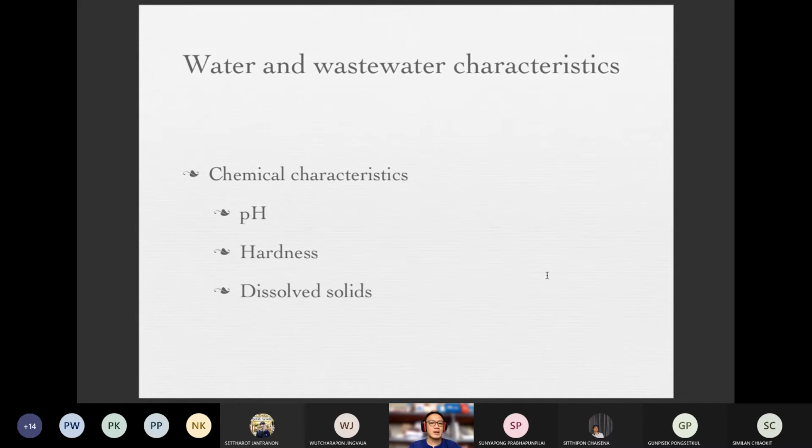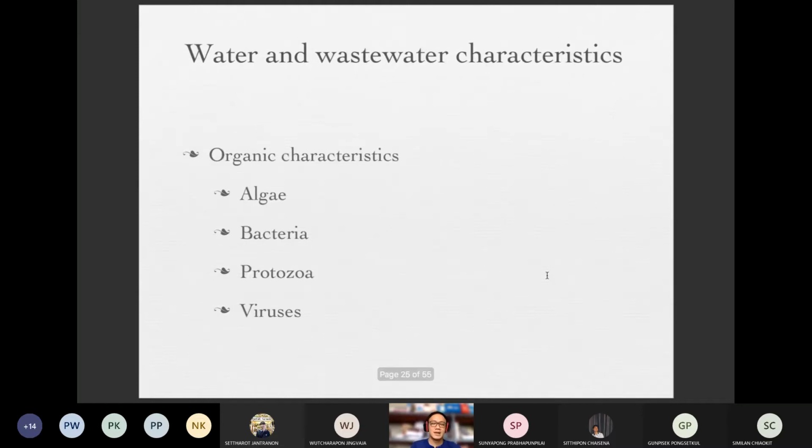Chemical characteristics means we talk about pH, hardness, and probably dissolved solids. Biological characteristics may involve the presence of pathogens, some microorganisms like algae, bacteria, protozoa, or viruses.